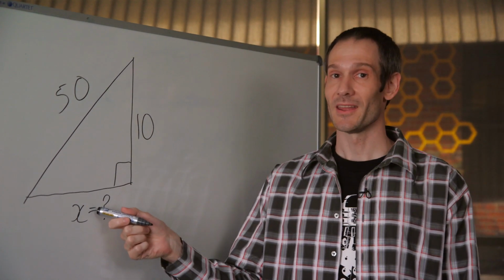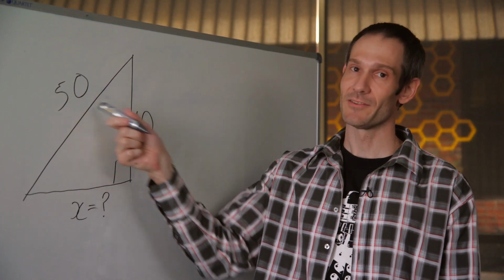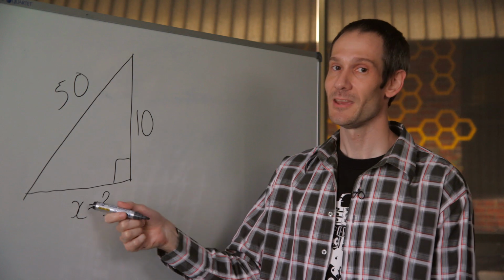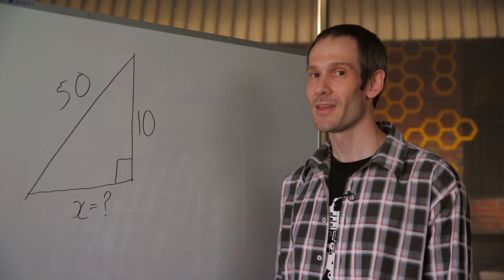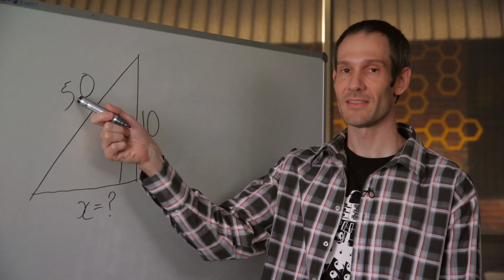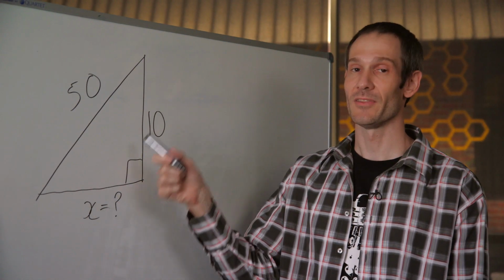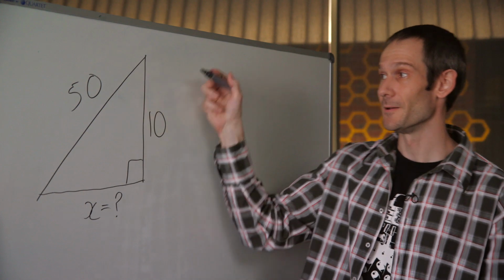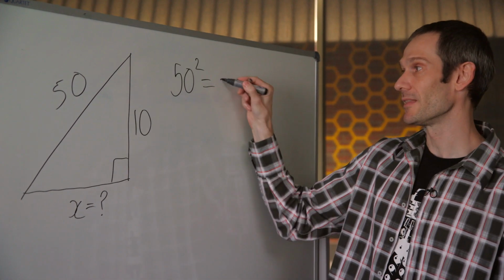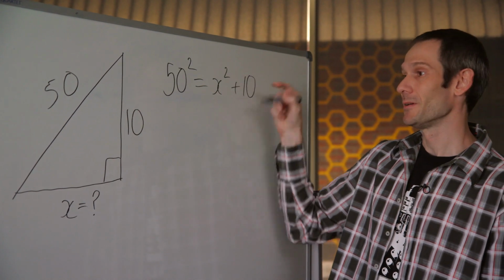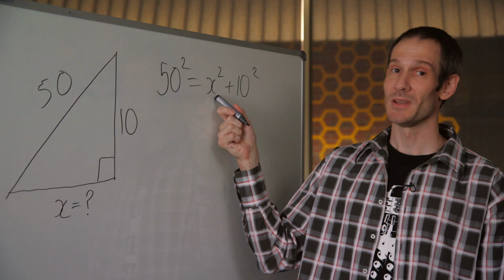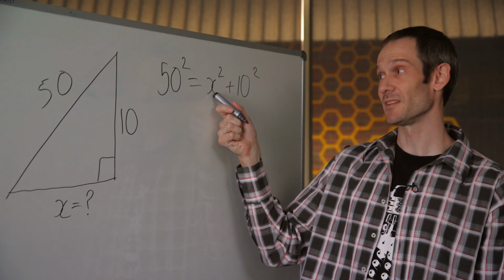We're trying to determine an unknown side length, but we already have 2 side lengths given. So to determine this unknown side length, we can apply Pythagoras' theorem. As mentioned before, Pythagoras' theorem tells us that the hypotenuse length squared must equal the sum of the 2 other sides squared. So 50 squared must equal our unknown length x squared plus our other side 10 squared.